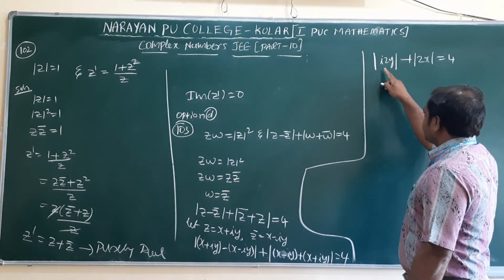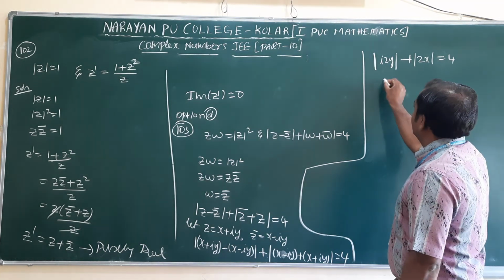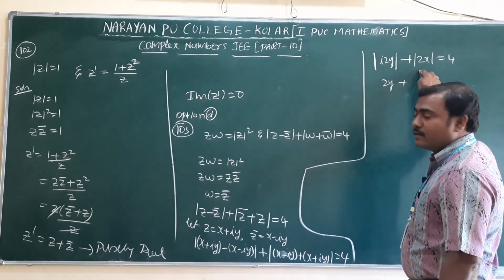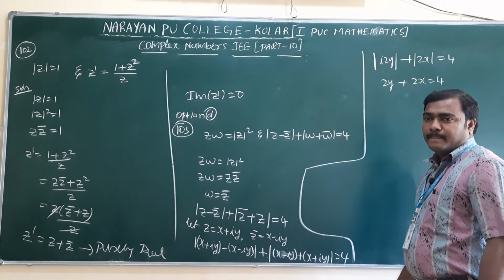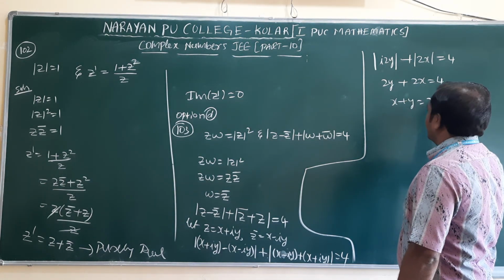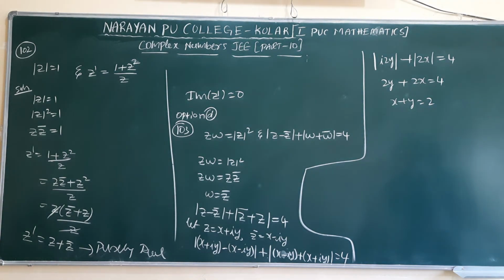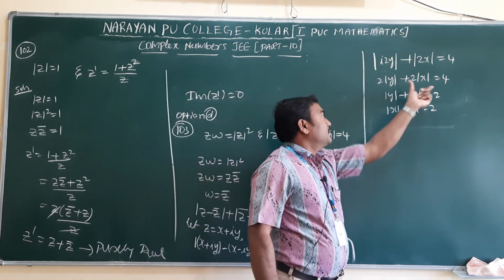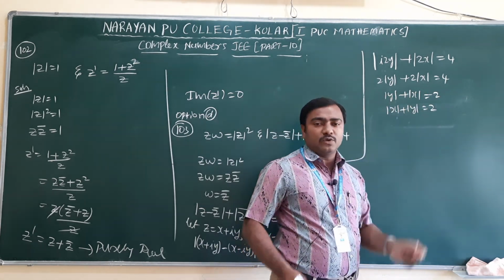Now modulus of i into 2y can be written as 2 modulus y, plus 2 modulus x is equal to 4. Divided by 2, we are getting modulus x plus modulus y is equal to 2.